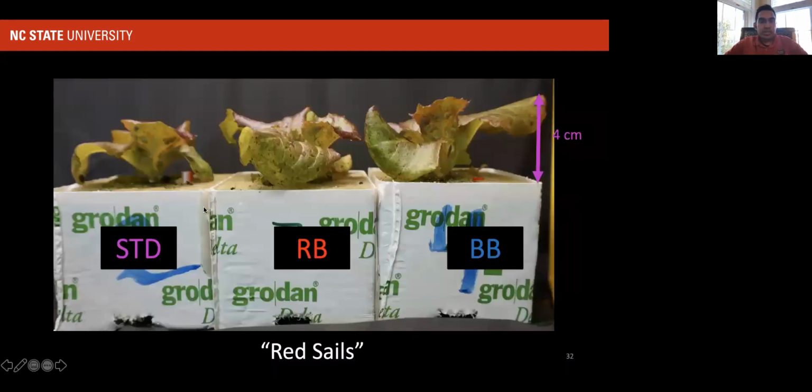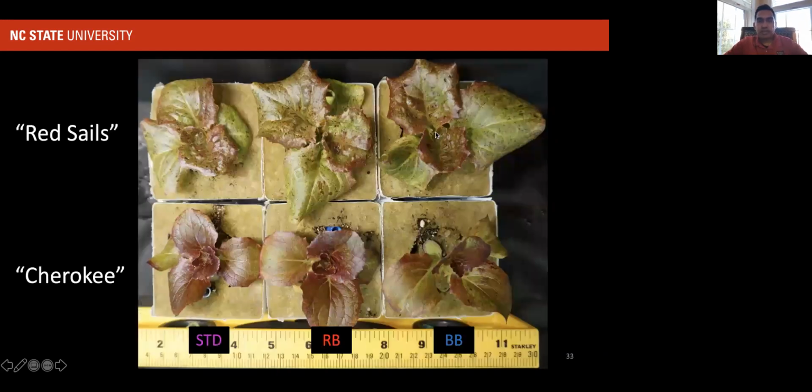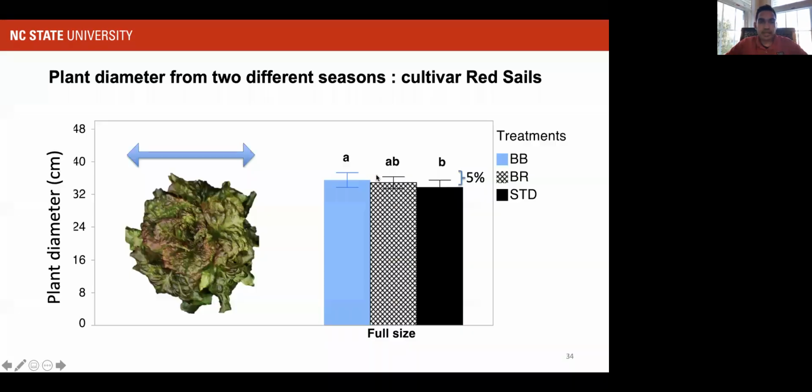So you can see here the standard, the one finishing with red starting with blue, and the one finishing with blue starting with blue. You can see some difference at the transplant stage on leaf area, but those differences did not translate to the entire growth stage of the plant.